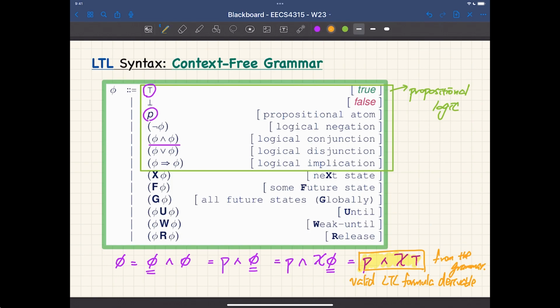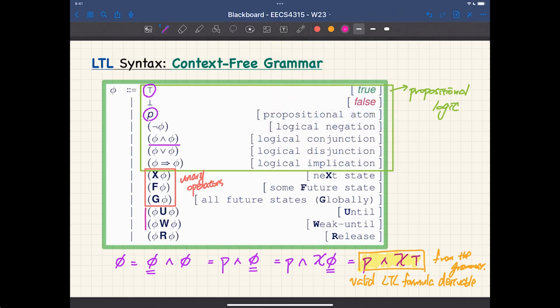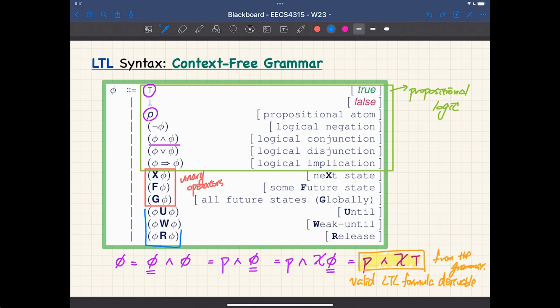So in the LTL operators, we have this category and this category. A simple thing to see at a syntactic level is that these are the so-called unary operators, and these ones over here are the binary operators.